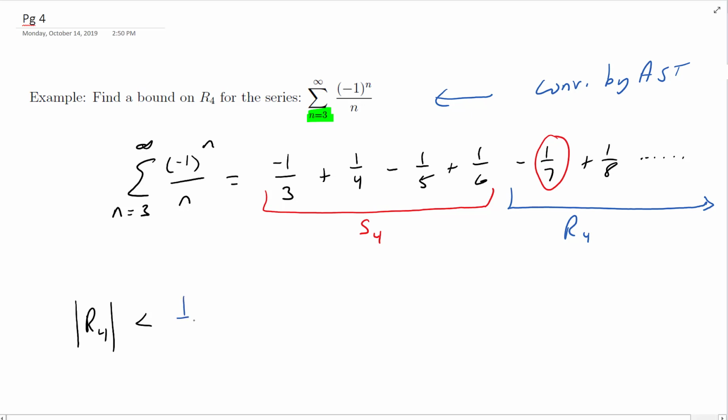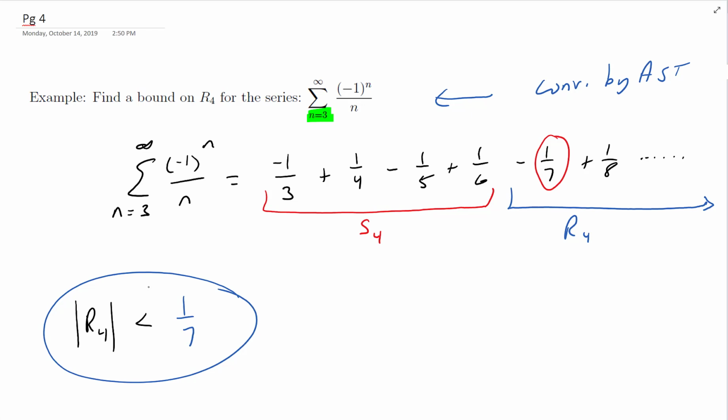Our next term is just 1/7. So we're looking at the b sub n's when we talk about our error. Don't care about the sign. Whether that term's positive or negative, you always use the positive value. And so we see that the error is less than 1/7 if I use only the first 4 terms for this series to approximate it.